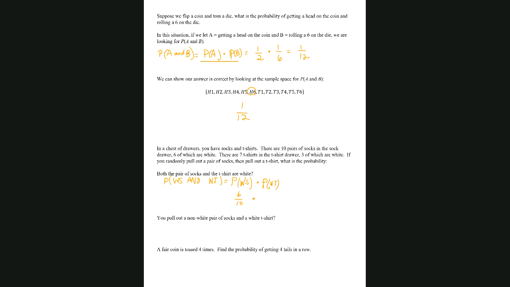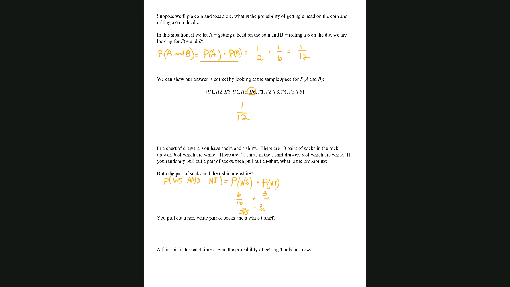And we can reduce that to 3/5, and I think we should, just to make it a little bit easier. All right, what is the probability of pulling out a white t-shirt? Well, there are 7 t-shirts and 3 are white. So the probability of getting a white t-shirt is 3/7. We can't reduce that, so I'm just going to bring that down.